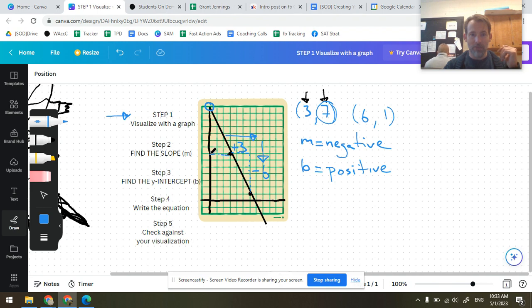If I have 7 as my y, this line intersects way up there, much higher than 7. Okay, cool, so now we're done with visualization. Visualization allows us to guess m, which is the slope, and b, which is the y-intercept.